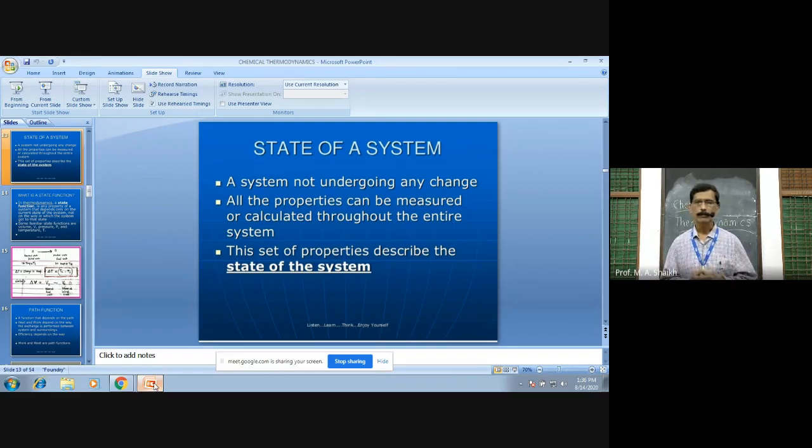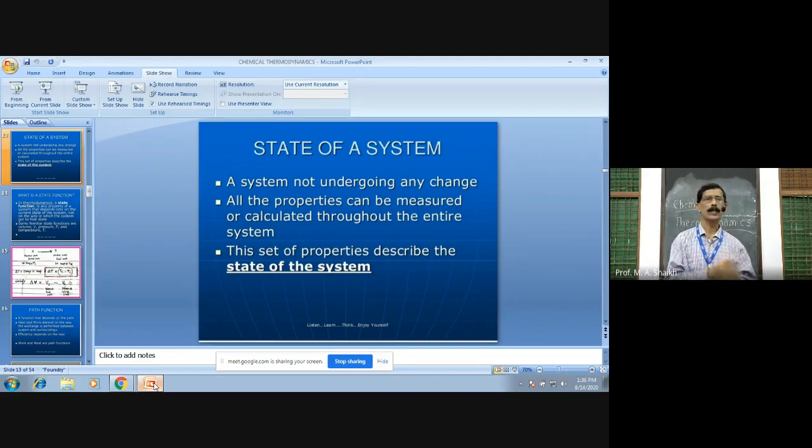Next question may be, when does the system change its state? Listen to the answer. When the value or magnitude of one or more properties changes, the system goes from one state to another state.